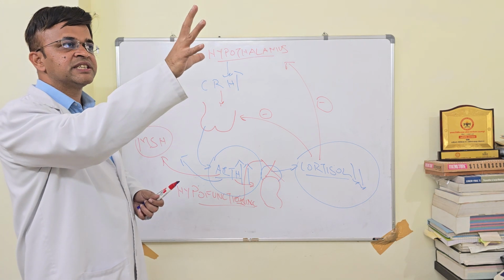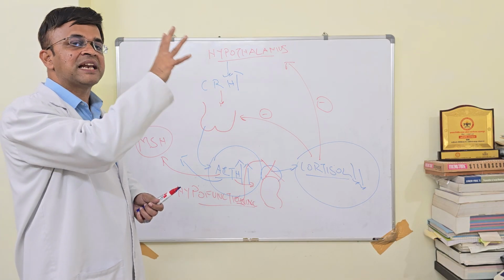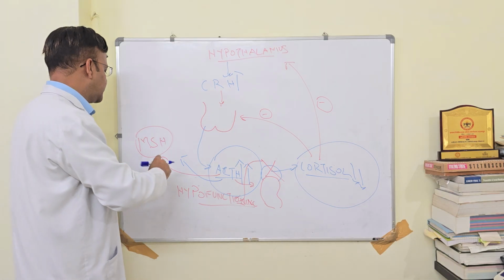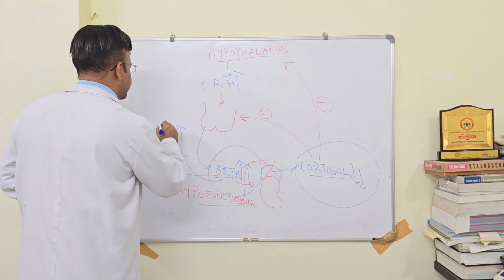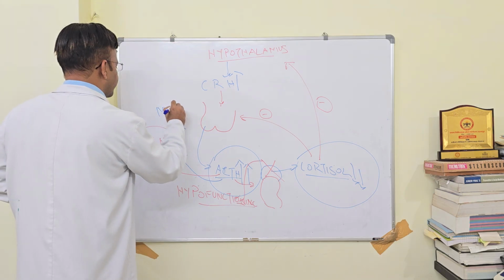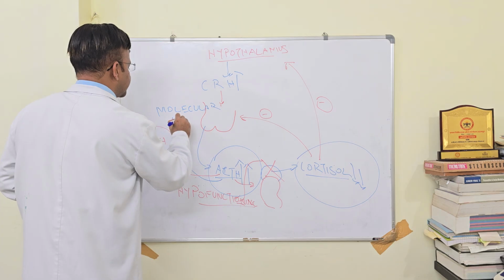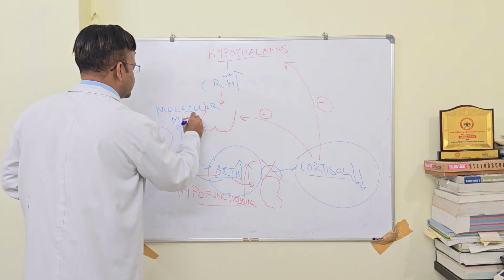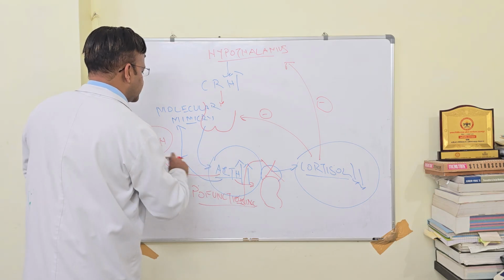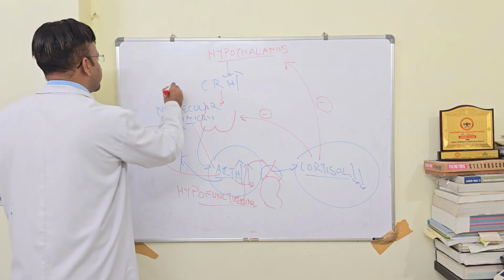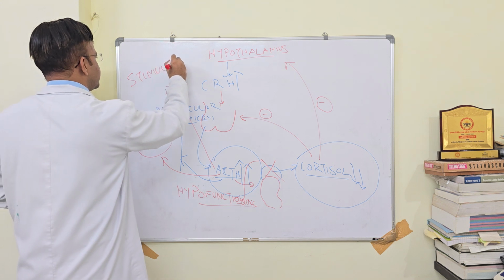So ACTH in turn ends up stimulating the melanocytes because of molecular mimicry, right? The molecules look the same to melanocytes, right? So ACTH ends up stimulating melanocytes.